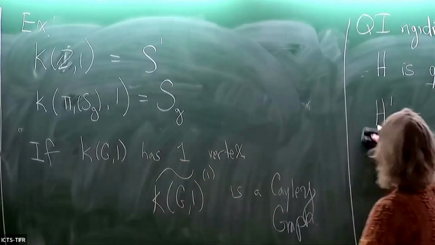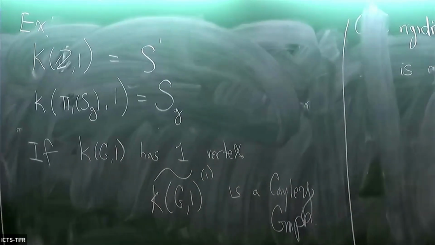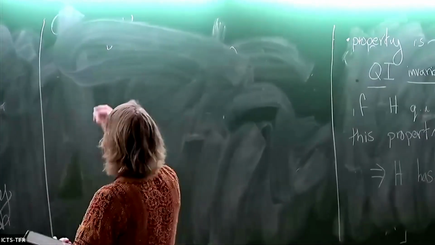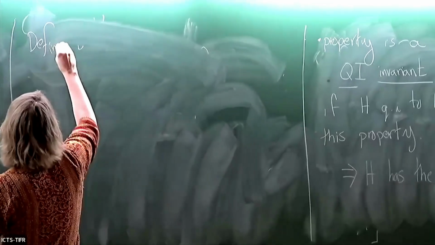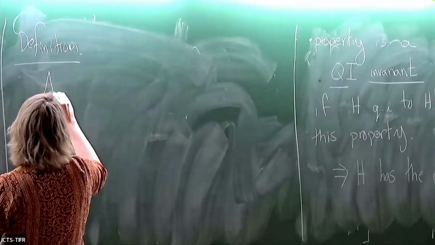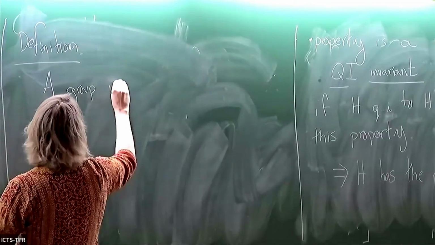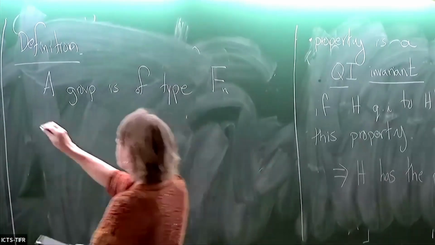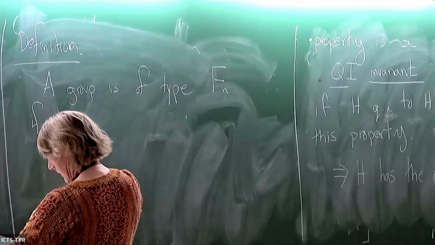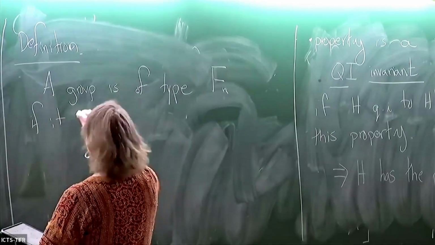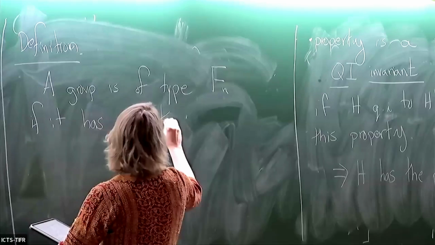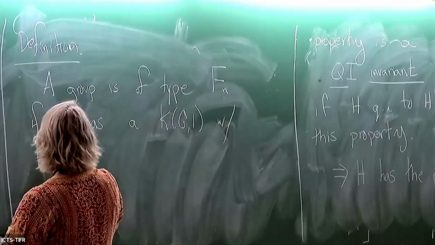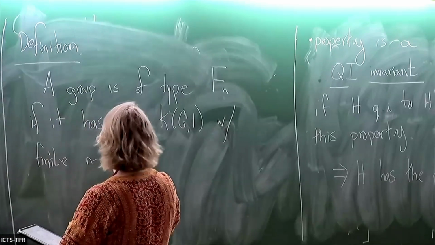Okay, so we say that a group is type Fn. Definition: a group is Fn if it has a KG1 with finite n-skeleton.